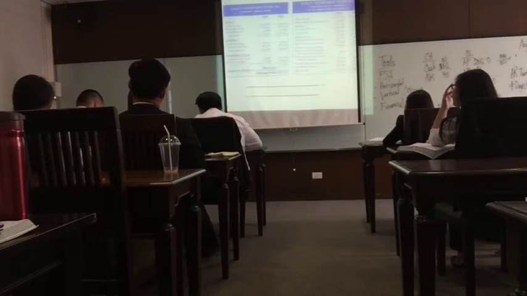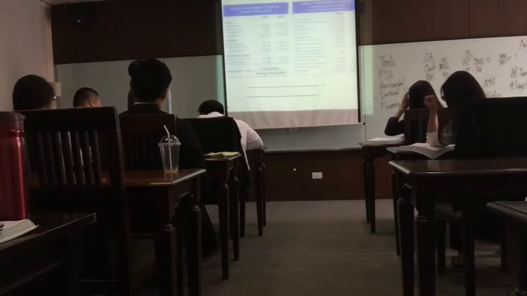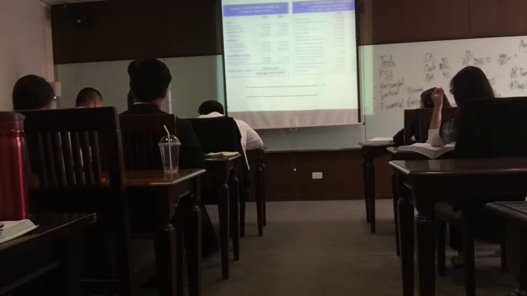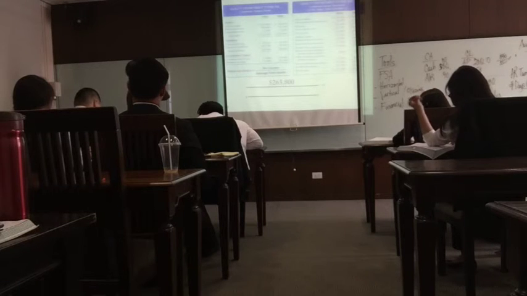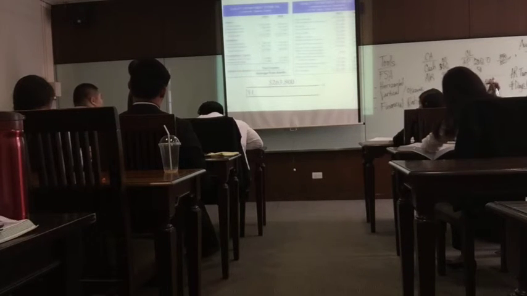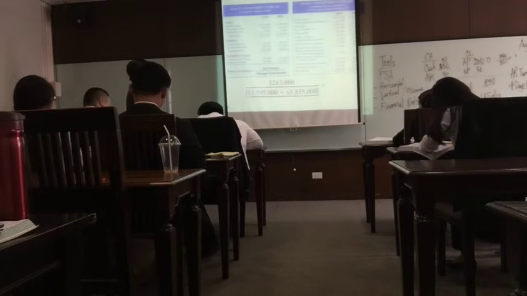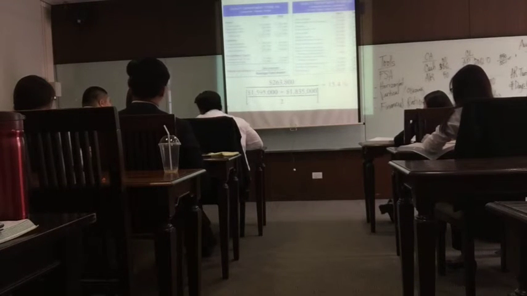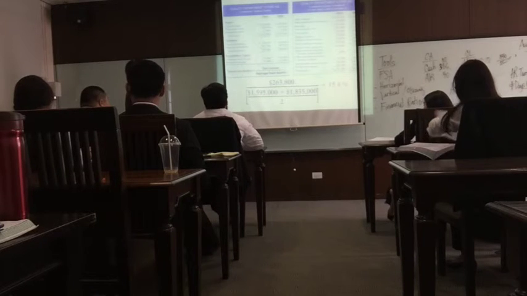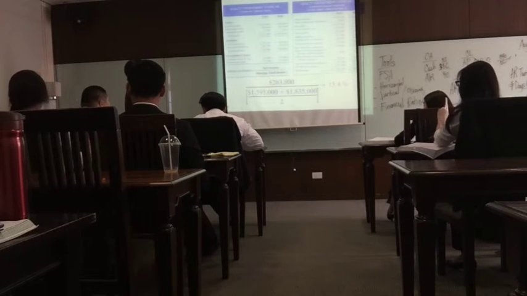Okay, and next one, what were we doing earlier? Turnover. So the return on assets is net income divided by total assets. Isn't that what we did? Earlier it was asset turnover, net sales.